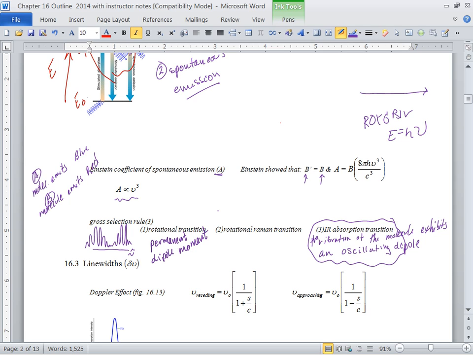And if we would not have skipped chapter 15, for those of you who have had inorganic, what's the terminology? The molecule must be a member of one of these what groups? Point groups, right? Has to be Cn, Cnv, or Cs.